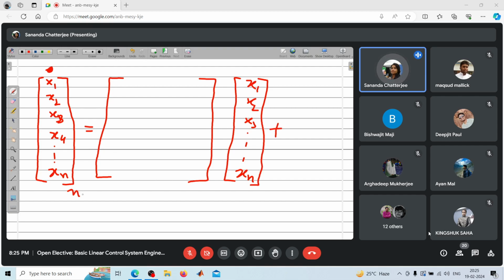This is n cross 1. And say there are m inputs involved, say u1, u2, um.